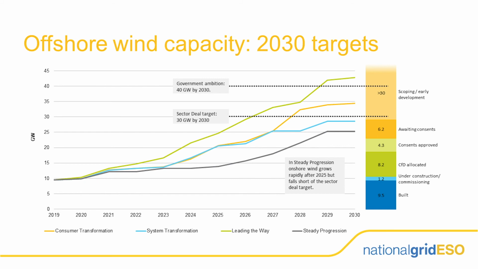Alongside the line chart, the stacked bar shows the breakdown of projects as it is today. As is shown, there is a strong pipeline of projects, but there is little room to delay if we are to meet the targets. Indeed, the 40 gigawatt target is particularly challenging, as it would require an average build rate of 2.7 gigawatts per year.